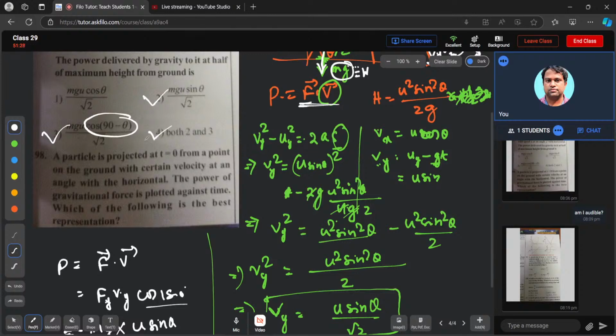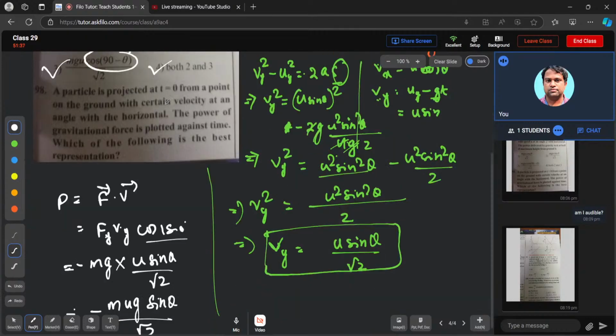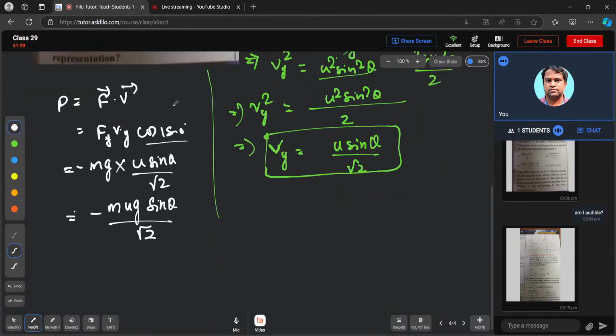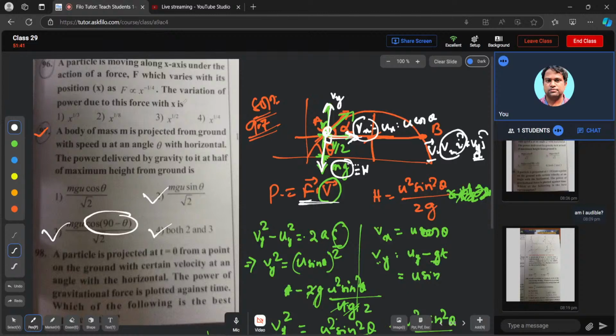So both 2 and 3 are correct, because this is basically the same answer.